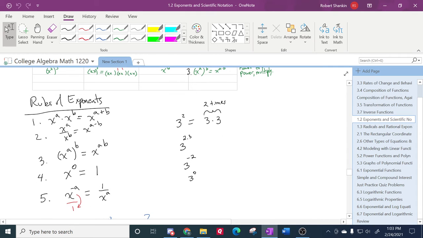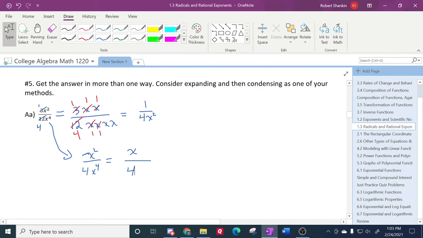Rules of exponents: when you're dividing, you take a minus b. x to the a divided by x to the b is subtract. So I could use this, but you have to do it really precisely. 2 minus 4. This is x to the negative 2 over 4. And that's the same answer as this. It just looks different.